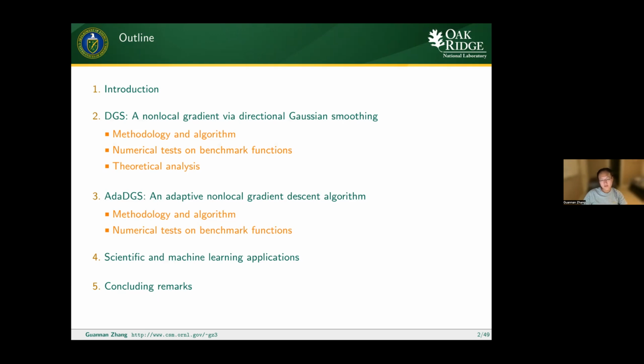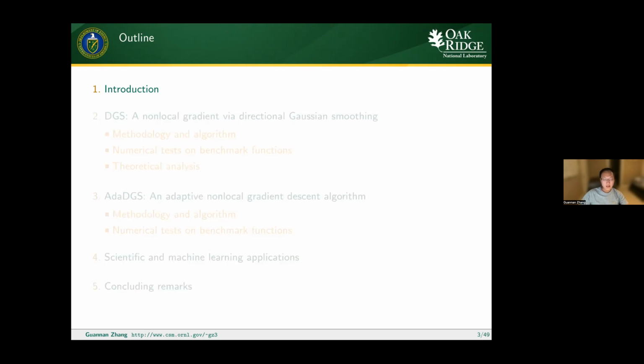In order to save the time of tuning the hyperparameters, we developed an adaptive algorithm that can automatically adjust all these hyperparameters along the way together with the optimization. After that, I'm going to introduce some of the applications to which we have applied these non-local gradient methods, especially some science problems related to DOE's applications.